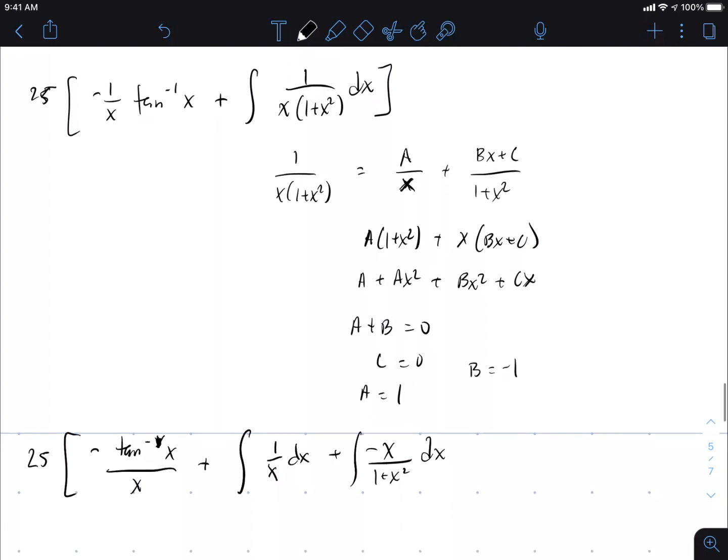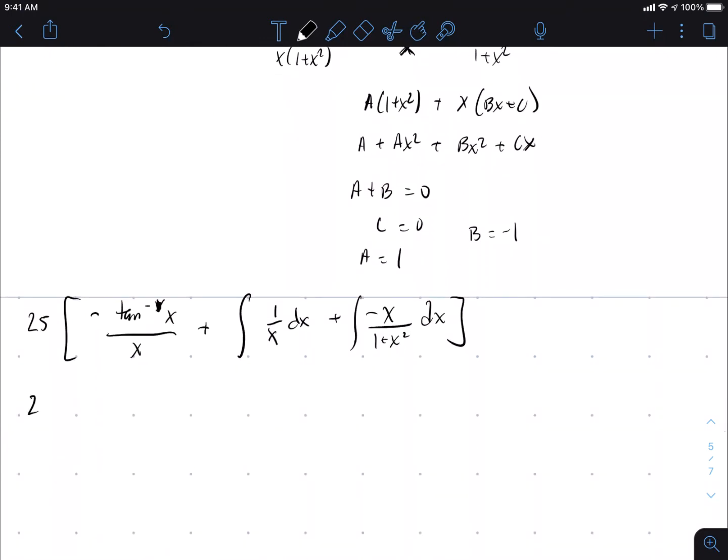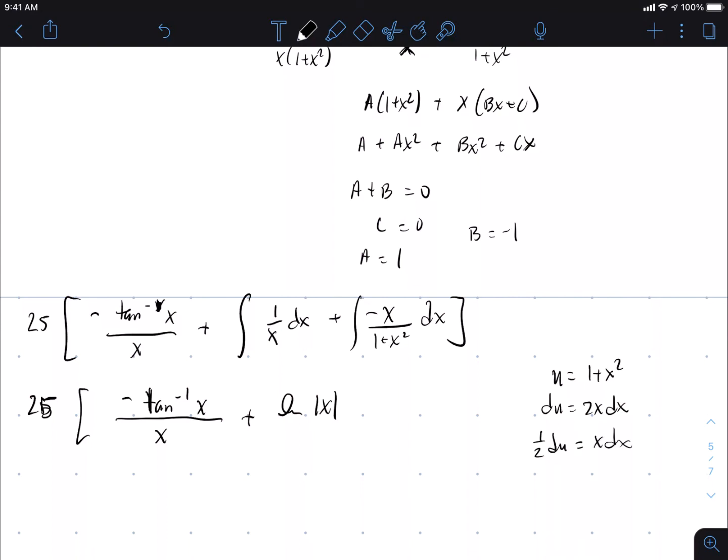Okay, so then from here, we can do this. This is going to be 25 negative tan inverse over x plus ln of x plus, this is going to be a u sub. So to do that integral, I'm going to say u is 1 plus x squared. So du is 2x dx, so 1/2 du is x dx, right?